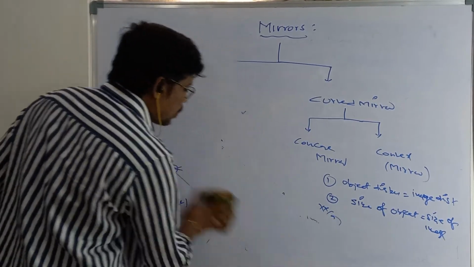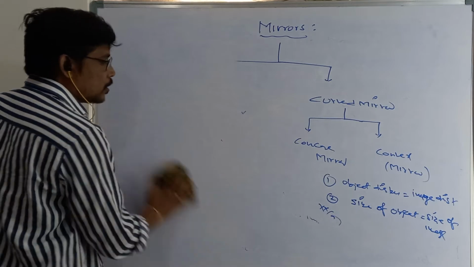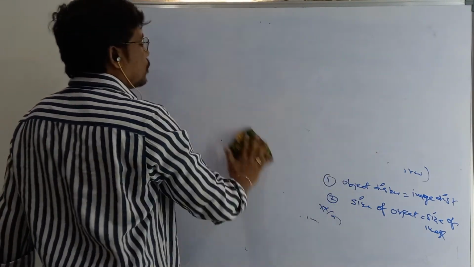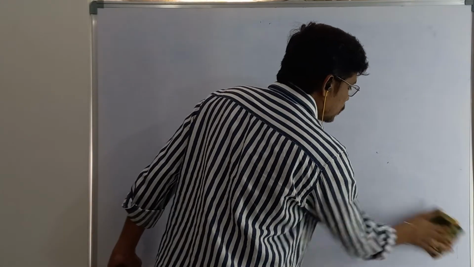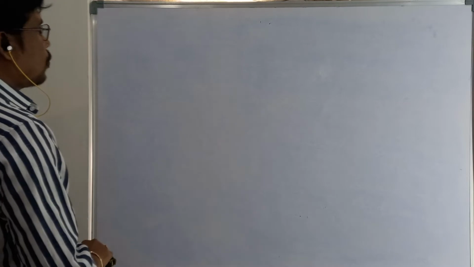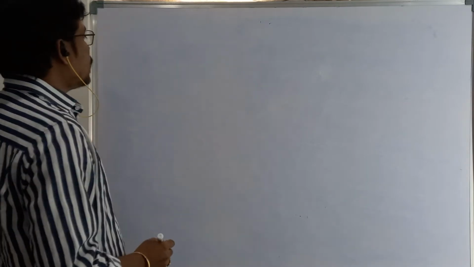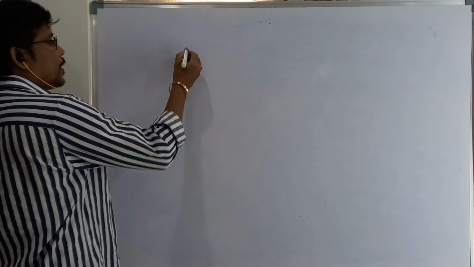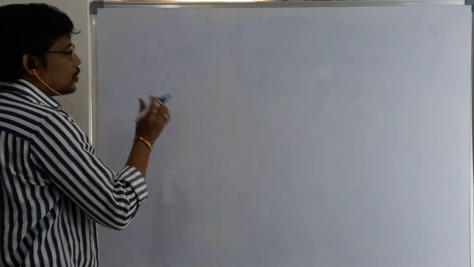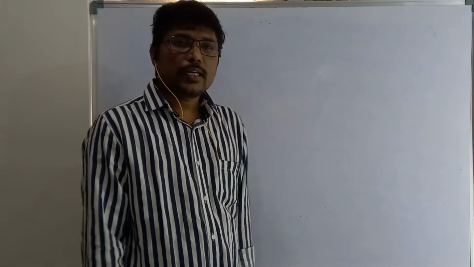Now let's take the next example of how the image is formed in a plane mirror. If I consider this mirror as a simple plane, it is made at an angle of 0 or 90 degrees, which is very easy.